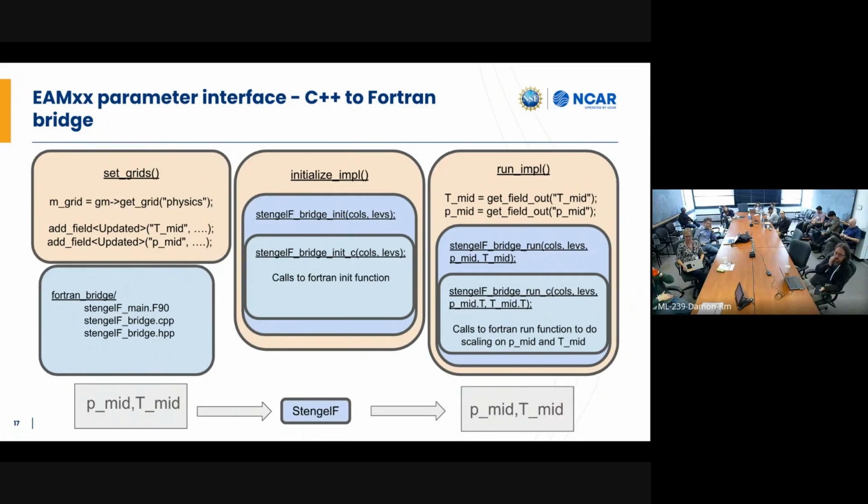We don't have to do that in this case. And then for the run, we're doing the same thing, except now we're passing in our variables, and then that single F bridge run C function is doing the scaling and the division for us, and then returning it back to C++.